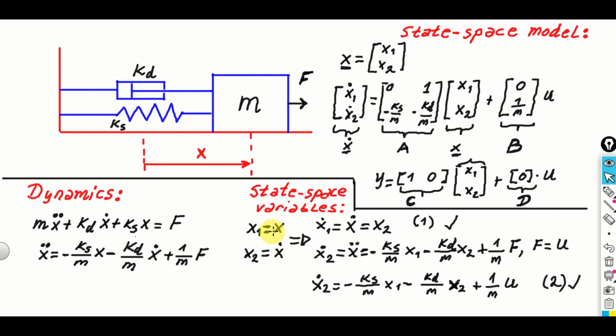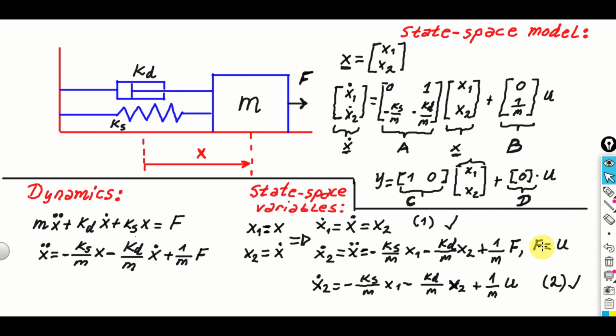That is, if we differentiate this equation, we obtain that x1 dot is x dot, and this is actually equal to x2, since x dot is equal to x2. Then, if we differentiate this equation, we obtain that x2 dot is x double dot, and from this equation, we can see that x double dot is equal to this right-hand side, where we substituted x for x1 and x dot for x2, and consequently we obtain this part over here.